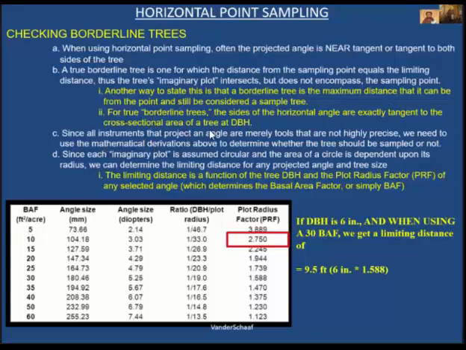And since all instruments that project an angle are merely tools, they're not the truth, and are not highly precise, we need to use the mathematical derivations above, the properties of angles, to determine whether the tree should be sampled or not. Since each imaginary plot is assumed circular, variable radius, and the area of a circle is dependent upon its radius, we can determine the limiting distance for any projected angle that we select and the tree size, in this case diameter.